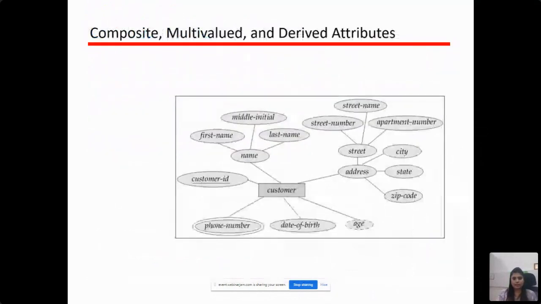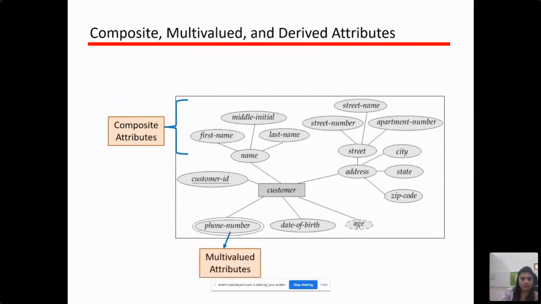First of all, let's see an example of the attribute. In this, the name, first name, middle name, last name, all become the composite attributes. Then this phone number, which you will see shown by the double ellipse, is a multi-valued attribute, and one more attribute we have is the derived attribute, which is age.